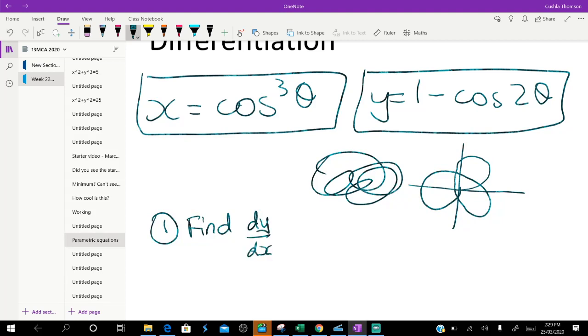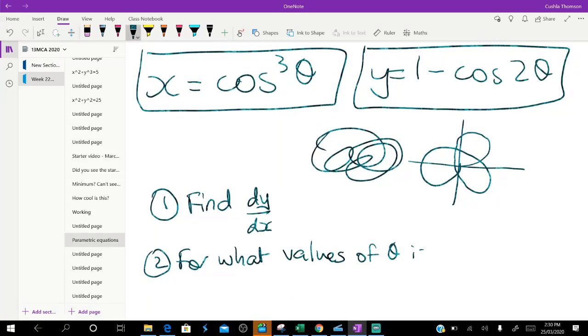And then I want you to tell me for what values of theta is the tangent to the curve parallel to the y-axis.